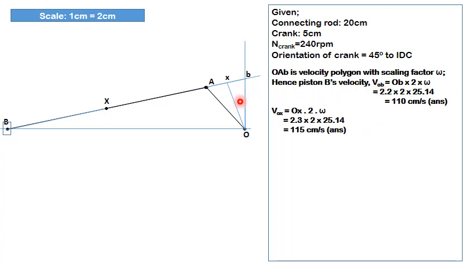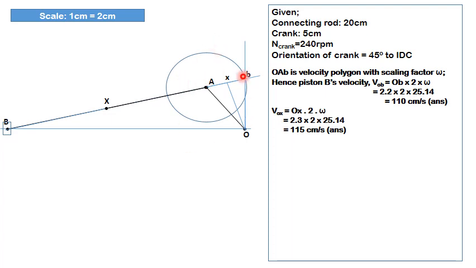Now the further questions asked in the problem require the acceleration polygon. So I need to draw the acceleration polygon first. To draw the acceleration diagram, you have to draw two circles. One circle takes radius AB and point A as center, like this.